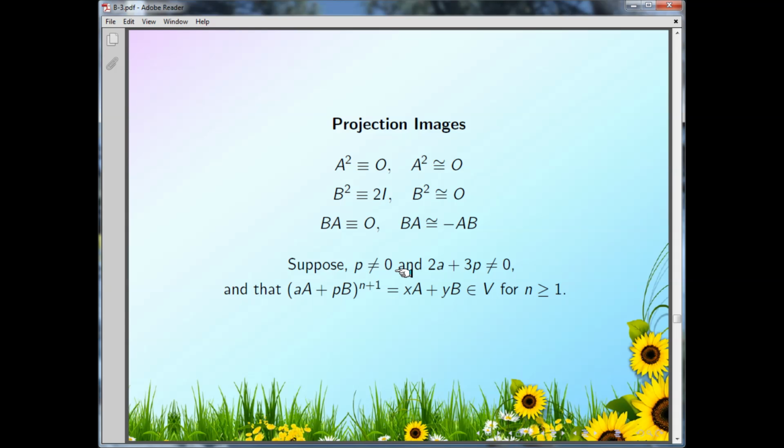We already considered the case P0 and 2a plus 3p satisfying that arithmetic progression condition. So we assume that is not the case and show that if we have this condition, and you raise to some power, you get this arithmetic progression back. It's not possible. That's our goal.